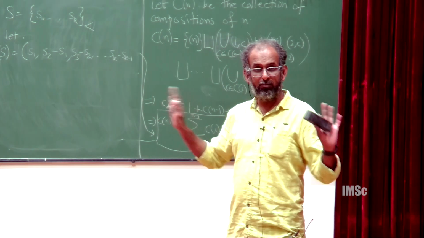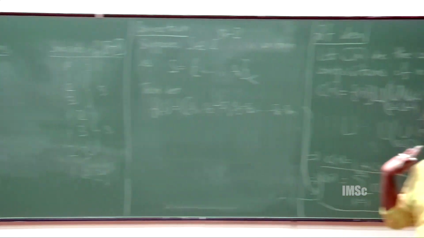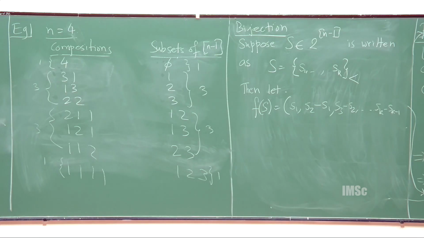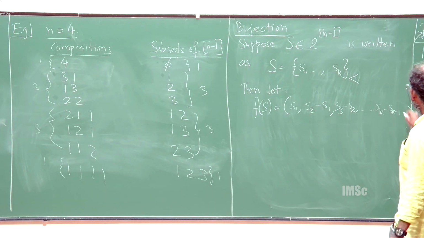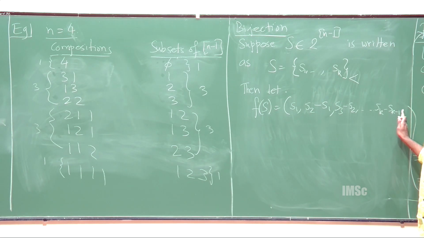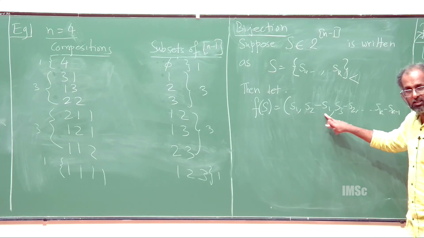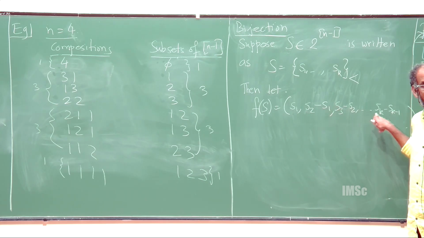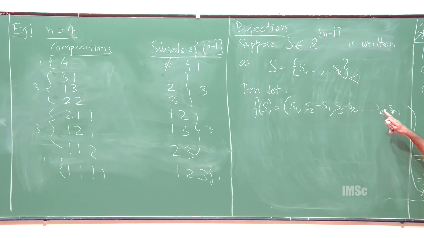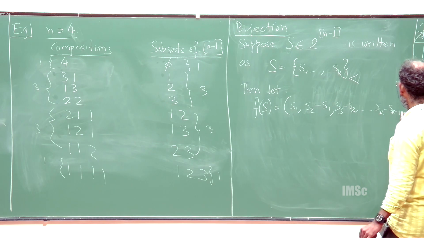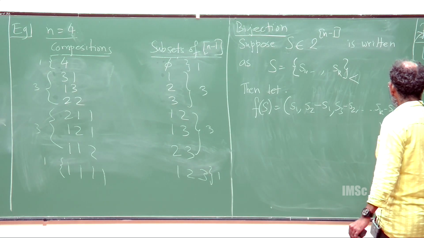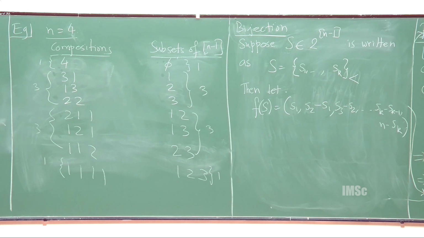N. We want this to be a composition of n. But if I just sum all of these elements, what will I get? If I just close this here, I am in trouble. What is the sum of all these elements? Sk, right? Because S1 cancels here, S2 cancels here, S3 cancels here. At the end, I am only left with Sk. But I want a composition of n. Thank you. Perfect. So I'll tack on an n minus Sk.